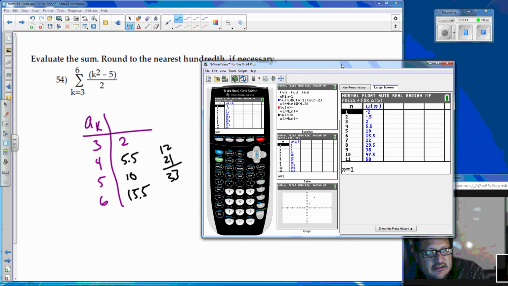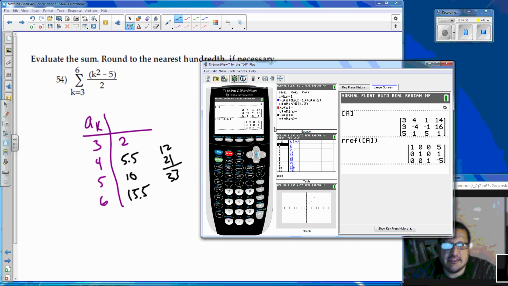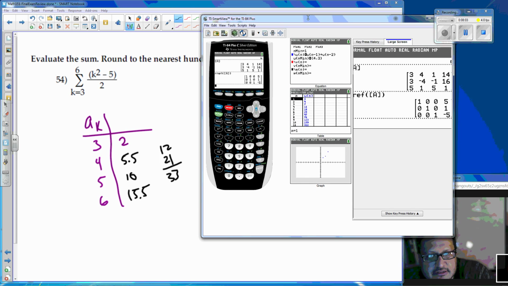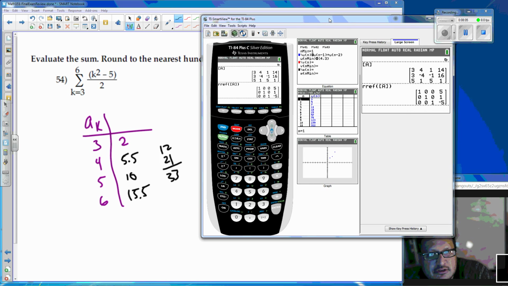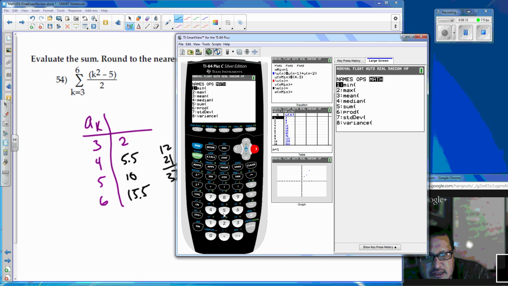Now, can our calculators do these? Yes, they can. So how do they do that? We go to second, quit. Well, the easiest way, you just add them. There's not that many of them. But we're going to use a list. I'm going to make this a little bit bigger so you can see it. We're going to go to second list, math, sum is number 5.